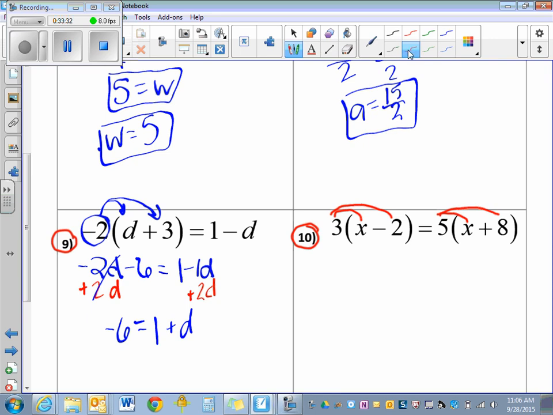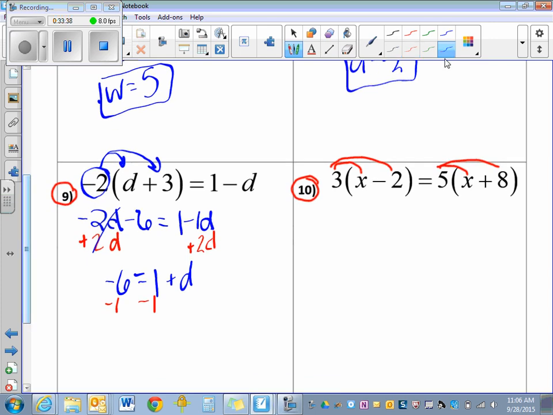Alright, and then my final step, subtract 1 from both sides. Negative 6 minus 1 is negative 7. 1 minus 1 cancels out, that equals 0. And then we have just d. So d equals negative 7. And again, it's better to write it this way. Questions on number 9?